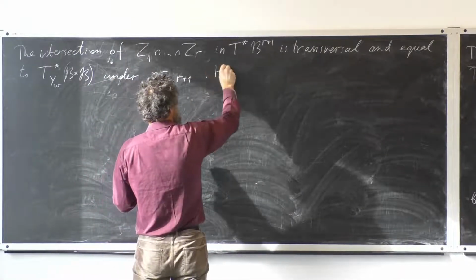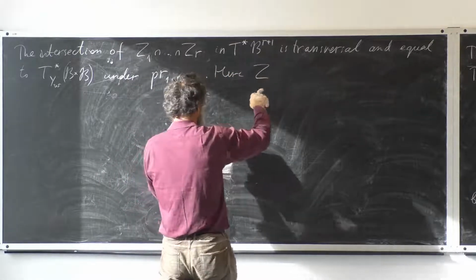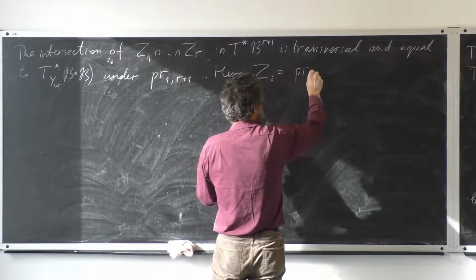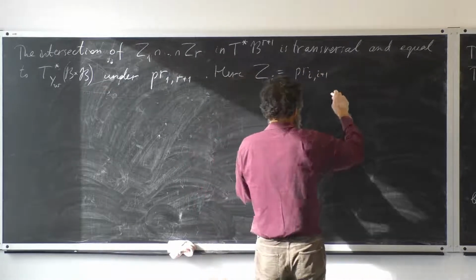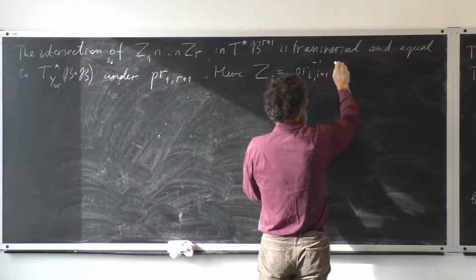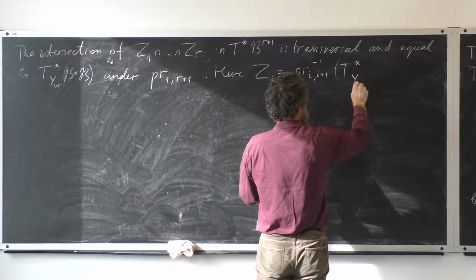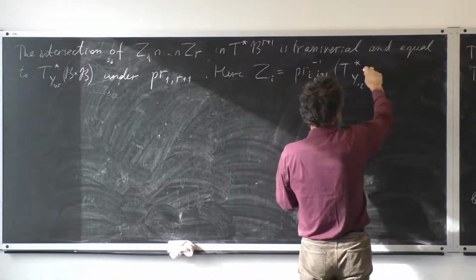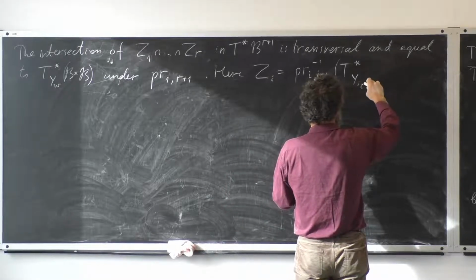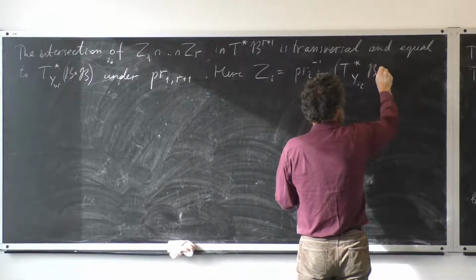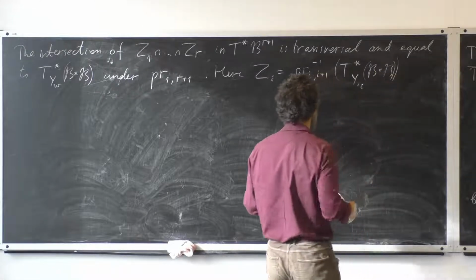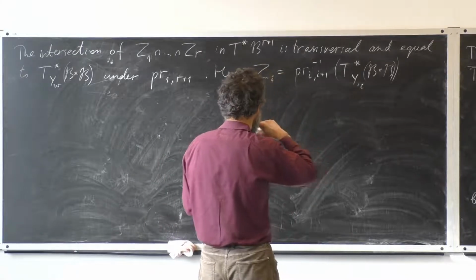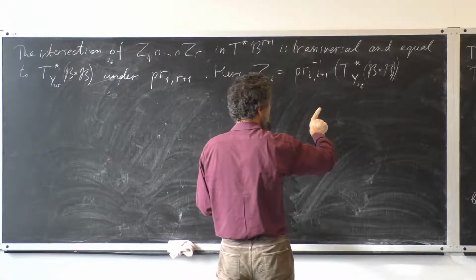So here those guys, the I is the projection to the I and I plus first entries, the preimage of this. Or maybe I shouldn't, sorry. Maybe I should.